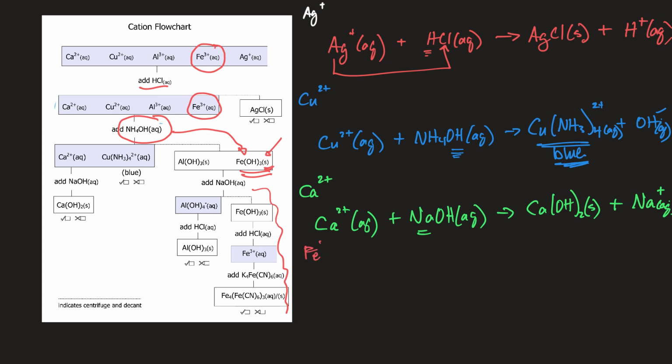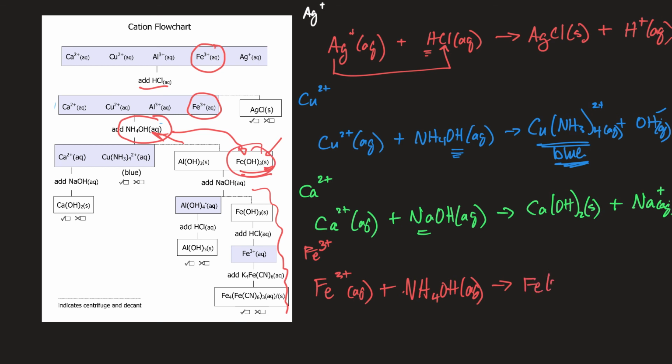So for iron, it's a 3 plus. I would write something like Fe3 plus aqueous plus ammonium hydroxide aqueous, yields iron 3 hydroxide solid.